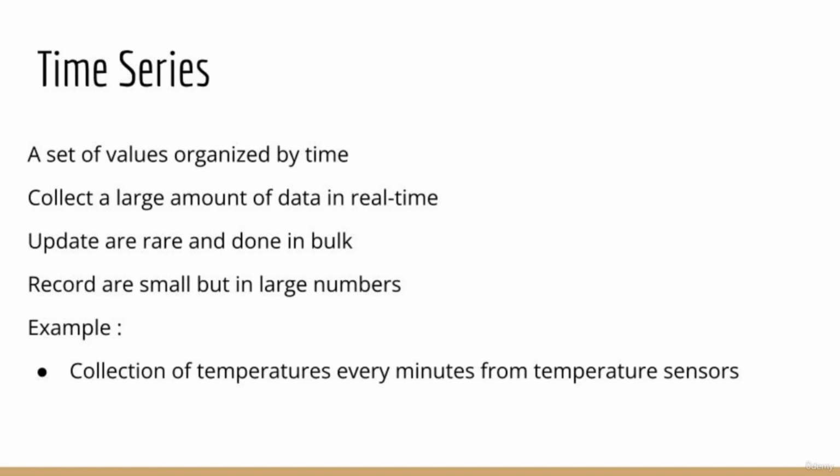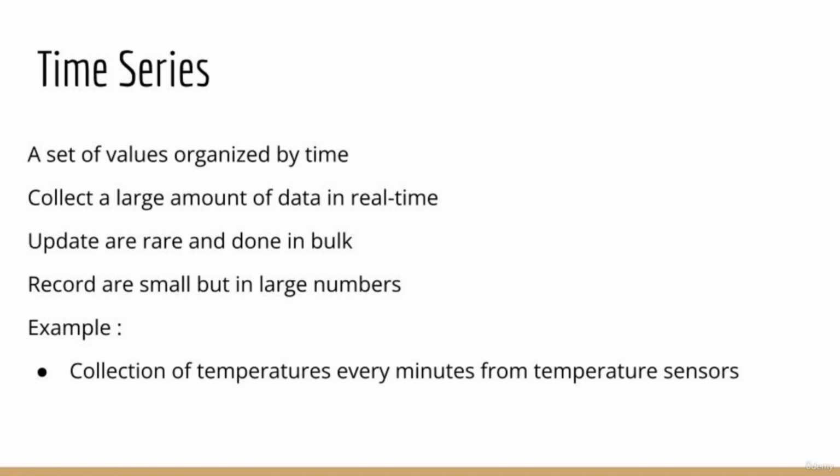Another data type is time series, and time series data, as the name suggests, is a set of values organized by time. Time series databases typically collect large amounts of data in real time from a large number of sources. Updates are normally rare, and deletes are often done as bulk operations.